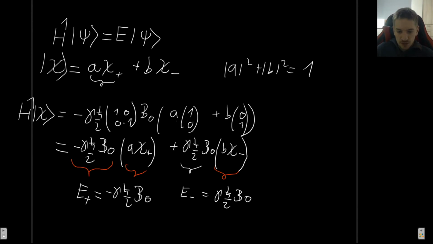Now, what we would like to do is just take a look at the states that we're going to have. Since the Hamiltonian is time independent, the magnetic field is constant in time, it's not changing, we can use what we have already learned about the Schrödinger equation, and we can solve it by separation of variables. So we're going to get the same equation that we have seen for the Schrödinger equation, but this time for our spin state. Once again, the derivative with respect to time is going to be the same as the energy acting on the state.